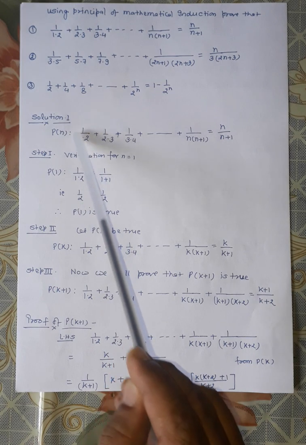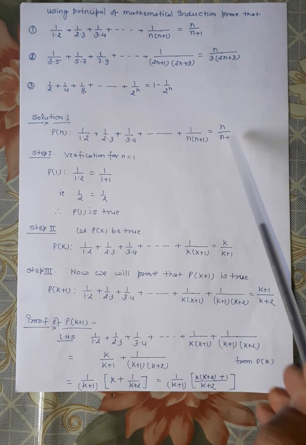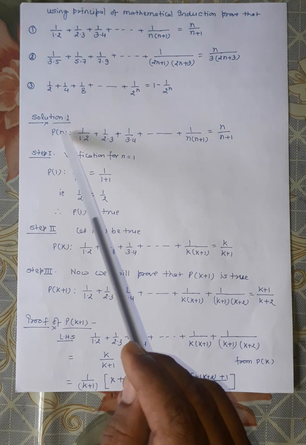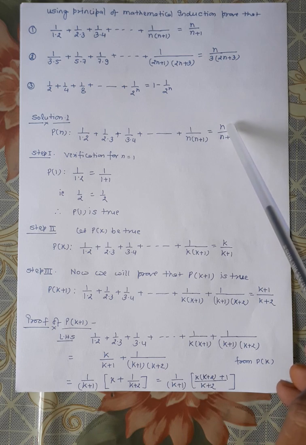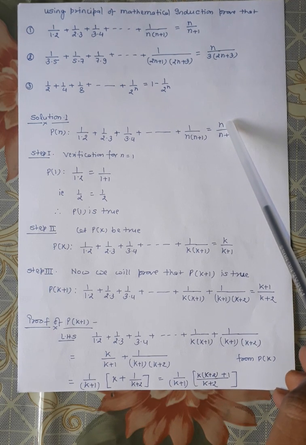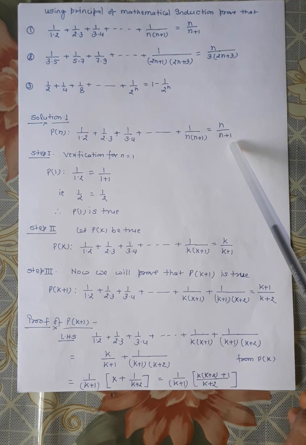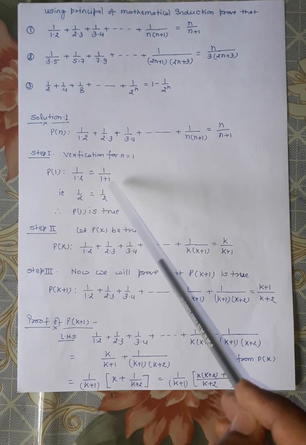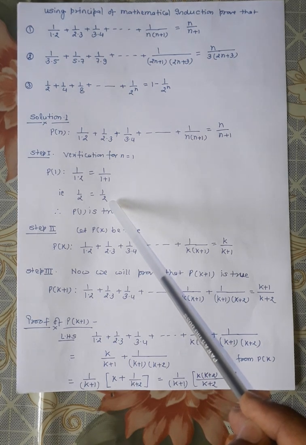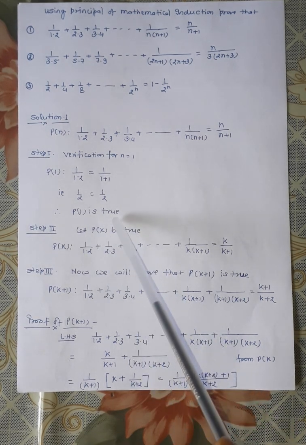And on the right hand side, n upon n plus 1 is there, so in place of n we are putting 1. Wherever n occurs on the right hand side, you put 1 in that place. So 1 upon 1 plus 1. You will observe that on the left hand side 1 by 2 is there and on the right hand side 1 by 2 is there. So we can say that P1 is true. Our first step is completed.